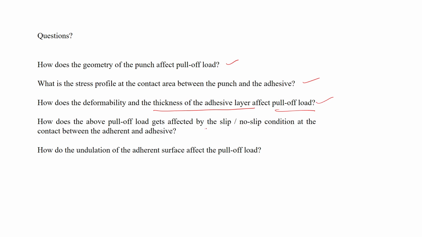So, how do slip and no slip, or the friction, affect the contact between adherent and adhesive, and how do undulations of the adhesive surface affect pull-off load? This is important because not all adhesive surfaces will be completely flat; there will be topographical undulations. So, how does undulation affect the pull-off load that is required to separate this probe from this surface?